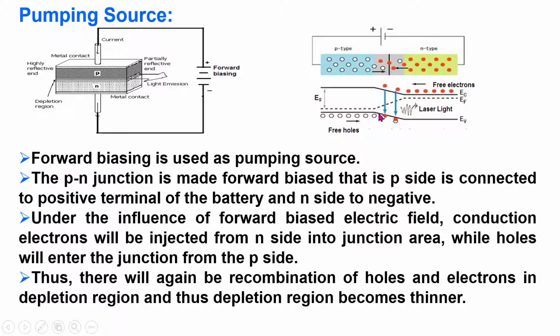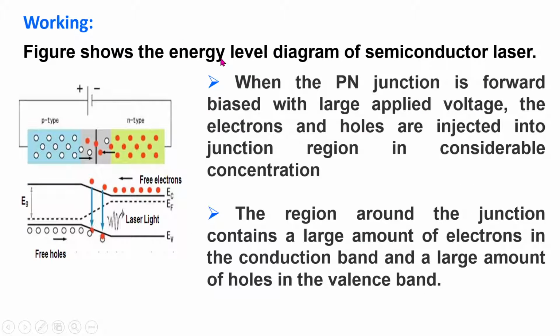In the following figure we can see the energy level diagram of the semiconductor, with the conduction band and the valence band. When the PN junction diode is in a forward bias condition with a large applied voltage, the electrons and the holes are injected into the region in considerable concentration.